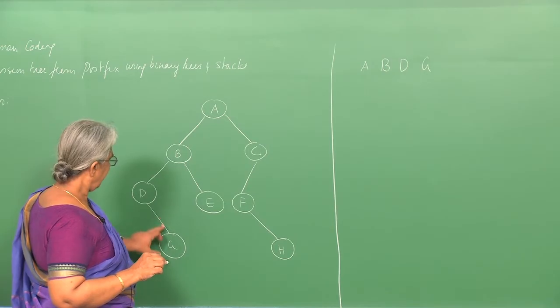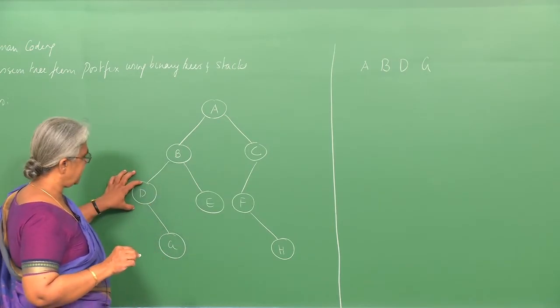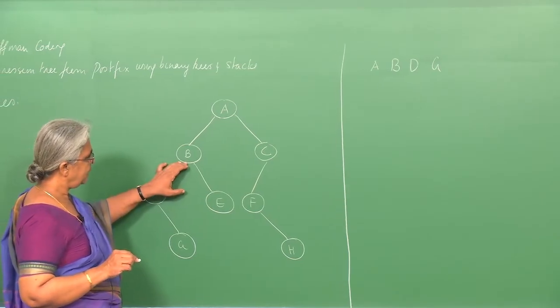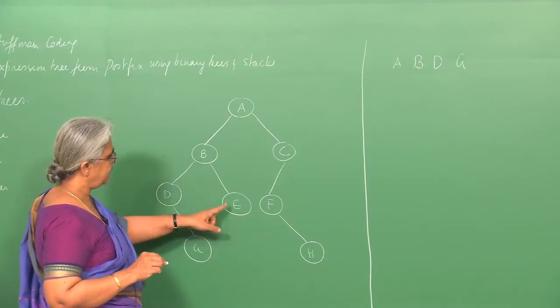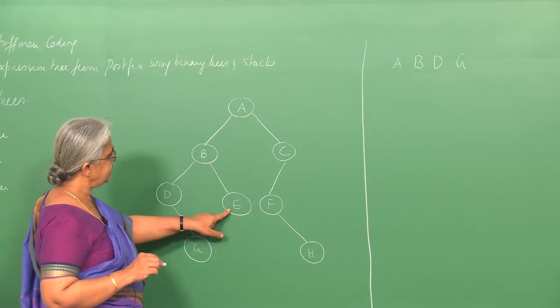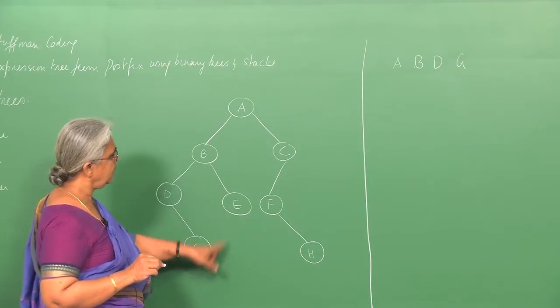Then again we go back up, all the subtrees of D are covered, then we go to the node B, go back one level up, just as it would happen in recursion, and then you look at the right subtree, and it has no other children. Again, this has to be traversed in pre order.